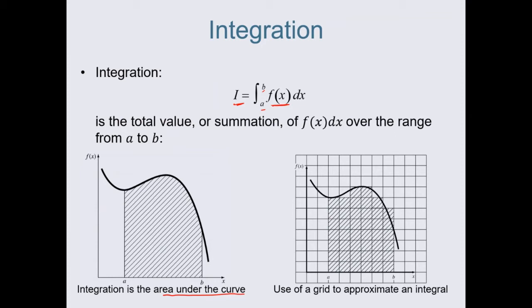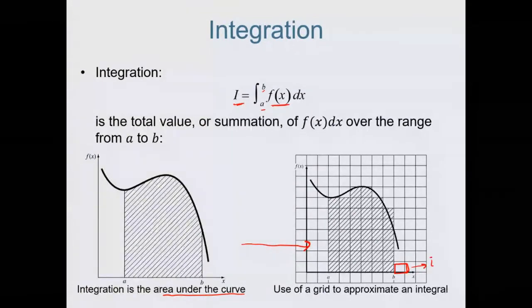Now we can take this and use the idea like this: if you are plotting it on a graph paper, let's say, and we know that each square has a certain unit, a certain area. Let's not call it small a, since we already have small a here. Let me call it I, let's say.